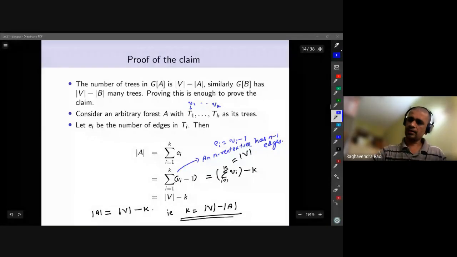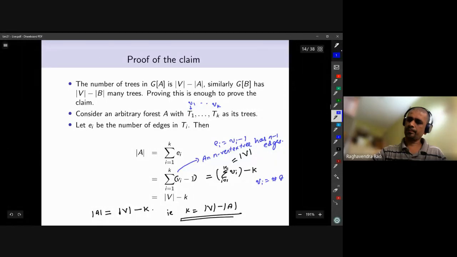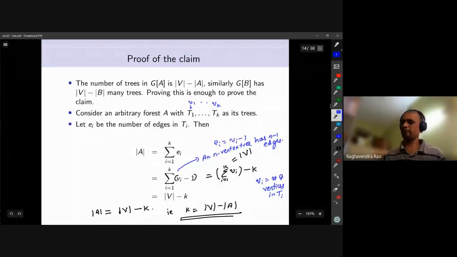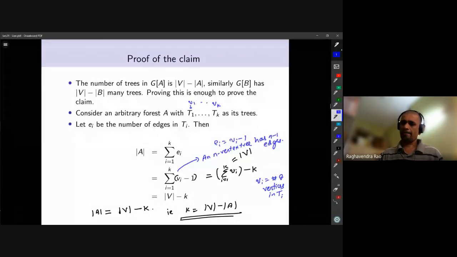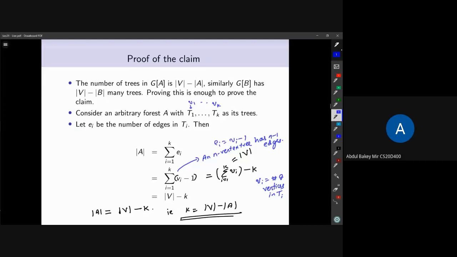So Vi is the number of vertices in Ti. It could be 1. If it is an isolated vertex, then it is 1, so this contribution is 0, which is true, right? An isolated vertex has 0 edges. Is it clear?